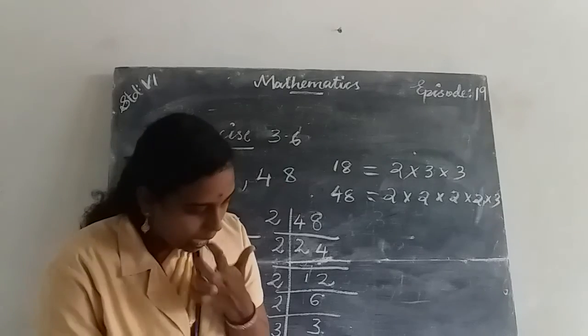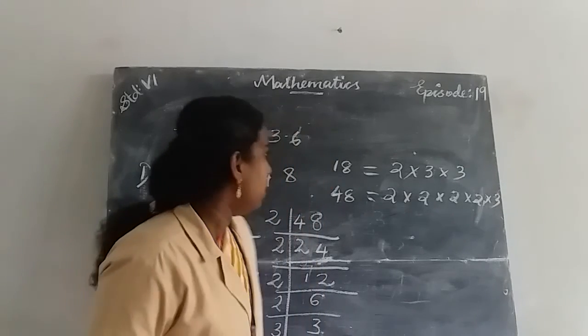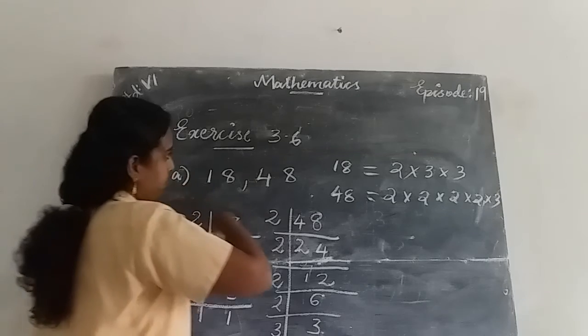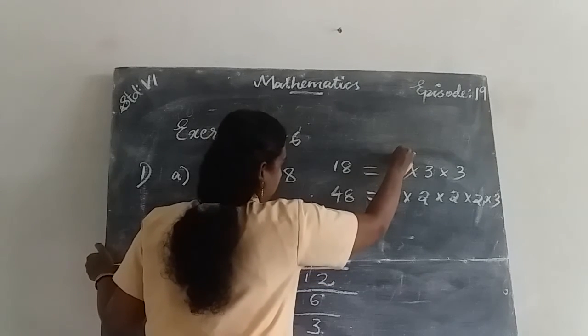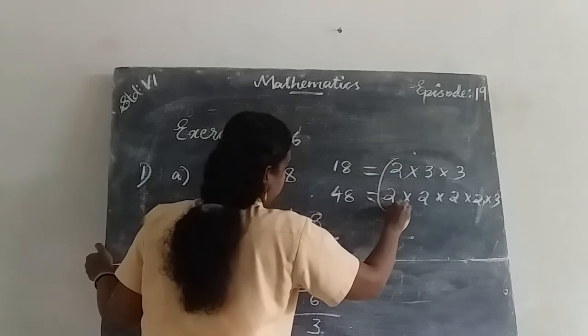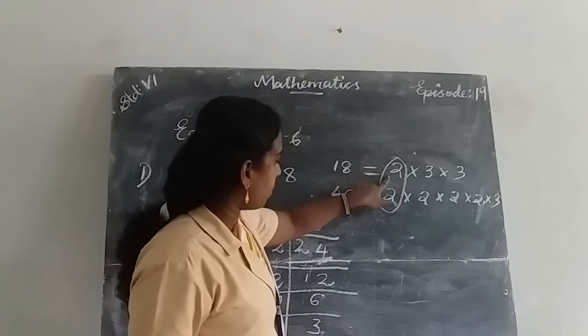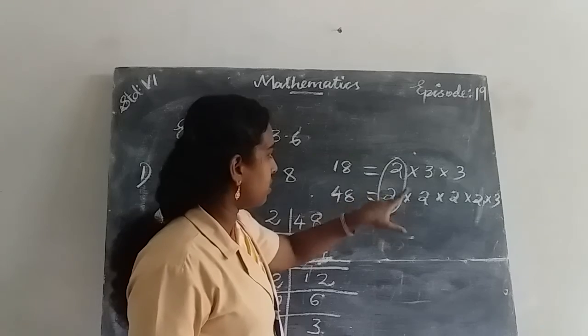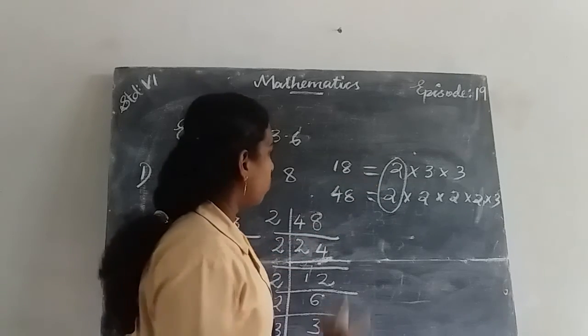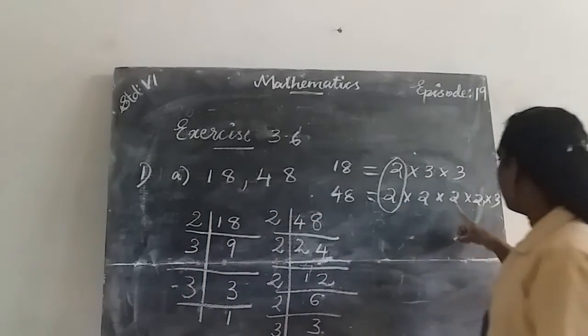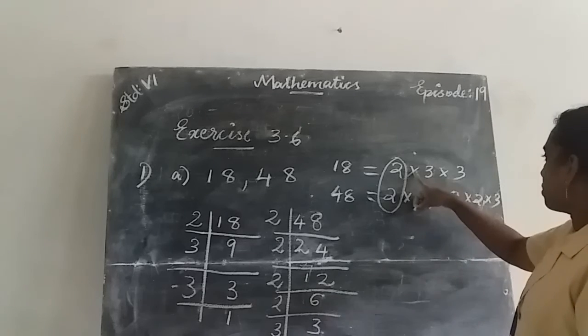And which is the highest common factor? For that we find the numbers common in both. Here 2 is common in 18 and 48, but the other 2s are not common factors.